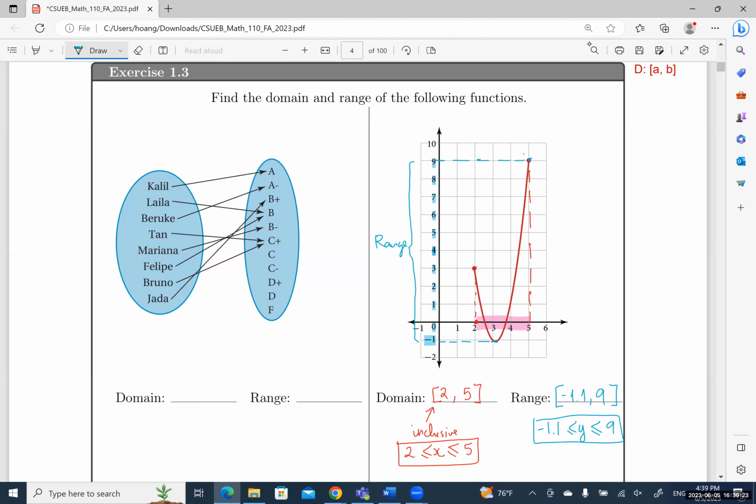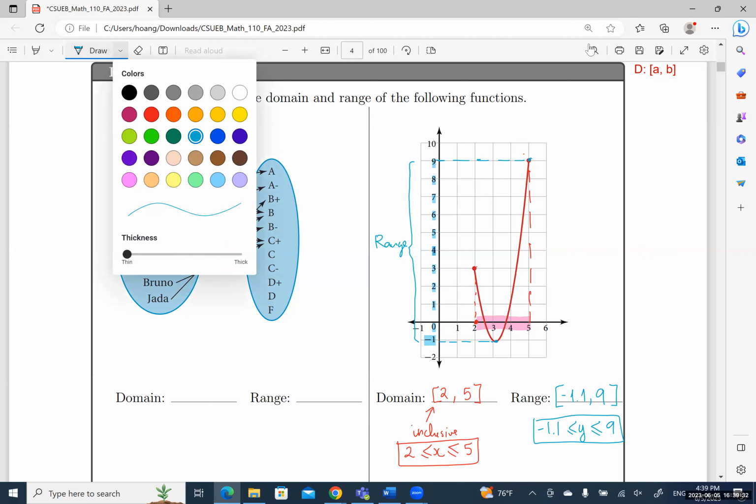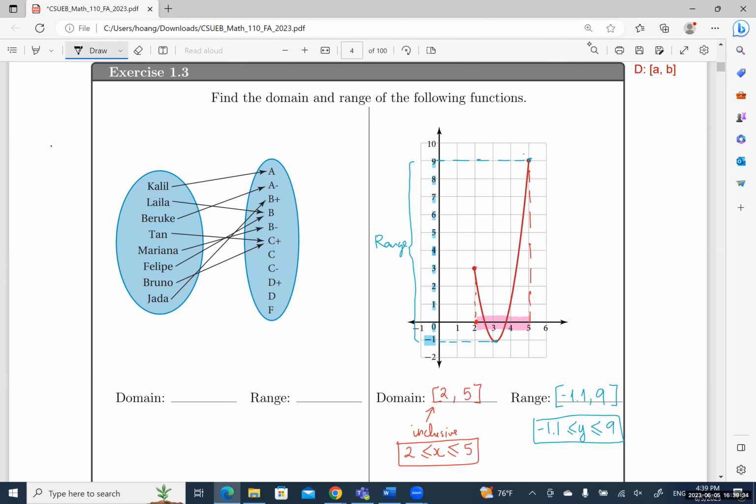Okay, so now let's move to the left exercise. Keep in mind that now I have 2 circles, or rather ellipses, where the ellipse on the left is mapped to the ellipse on the right.